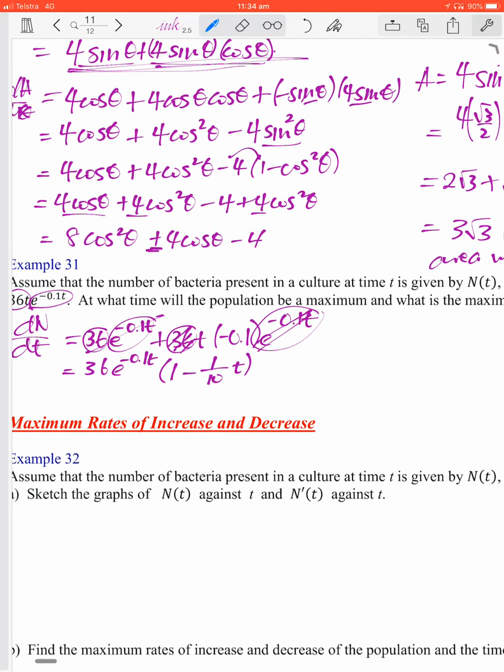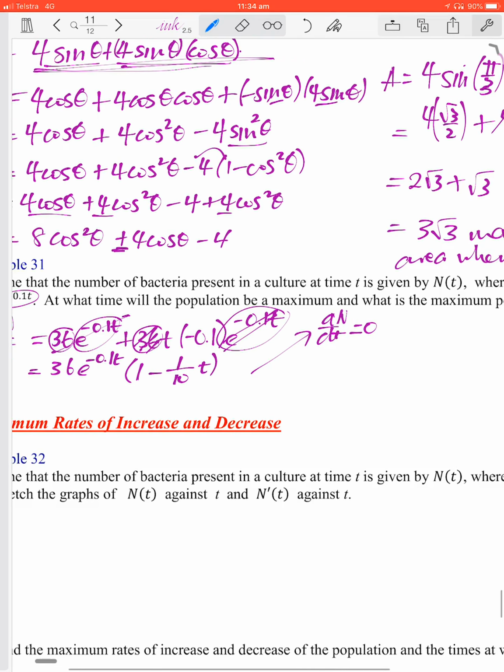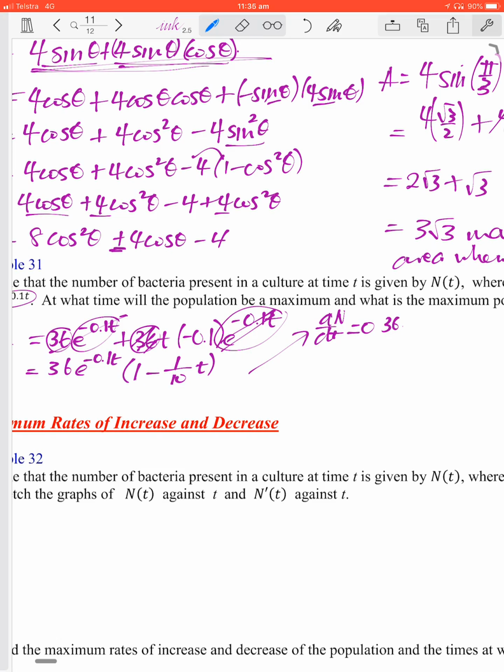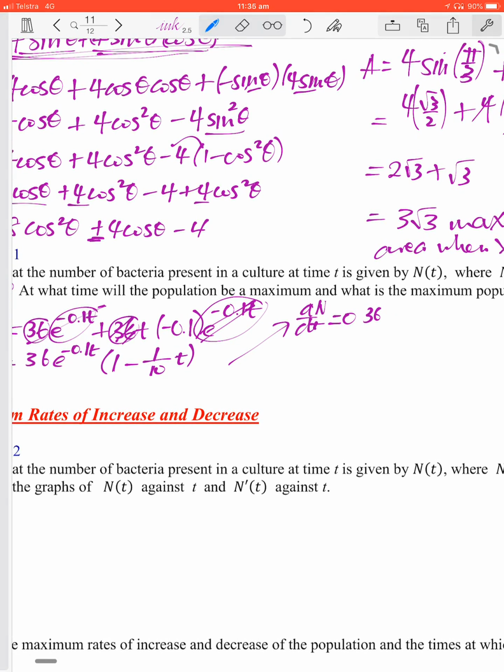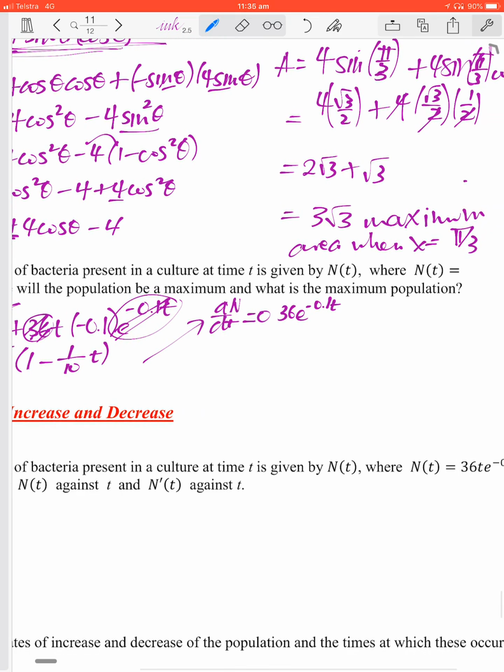Okay, if dn/dt equals 0, then we get 36 e to the negative 0.1t times 1 minus 1 on 10 t equals 0.